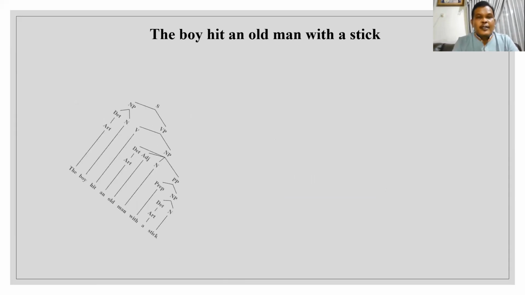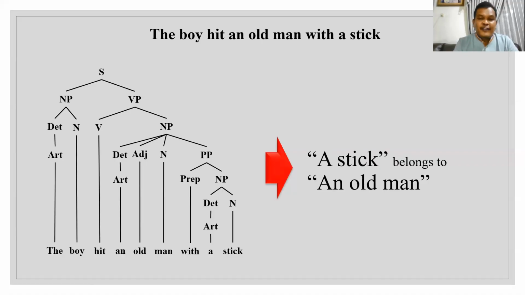Meanwhile, to reveal the second meaning, that the stick belongs to an old man, we change the status of the article. You can see that the article used here is the indefinite article an. It means that an old man here can be any old man, whether an old man with a stick or an old man without a stick.